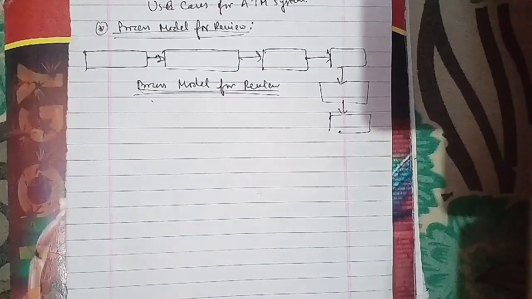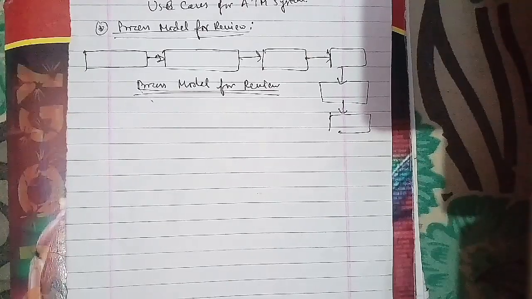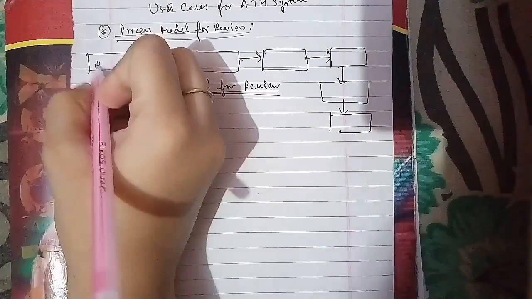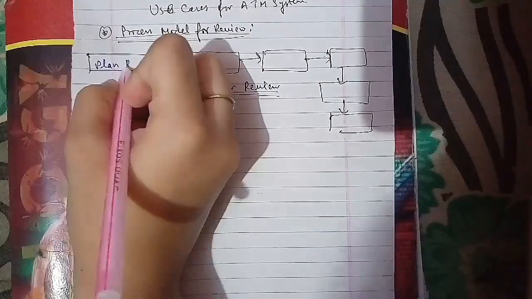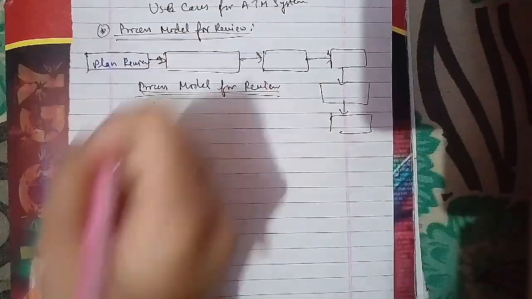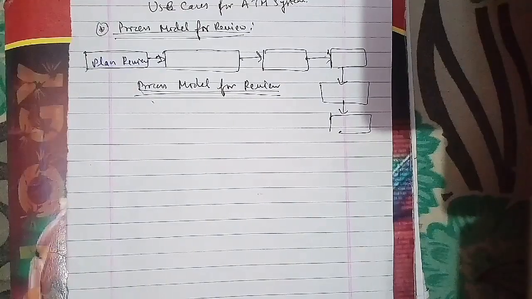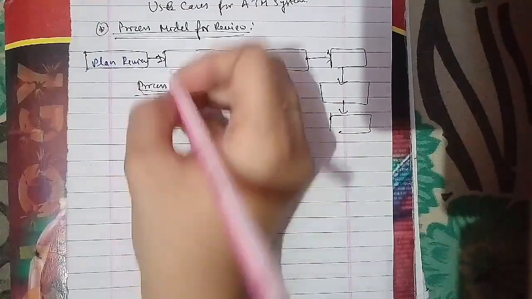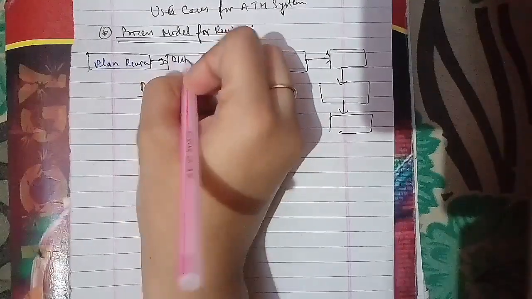And then again it will go to execute the action. And then after that it will revise the SRS. Okay, so this is the process model for the review here.